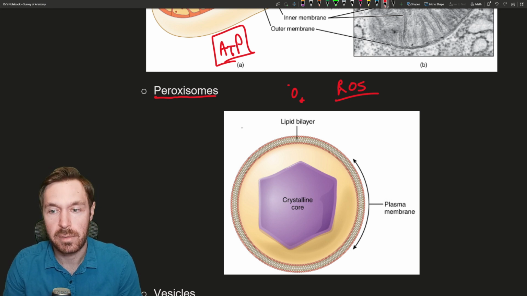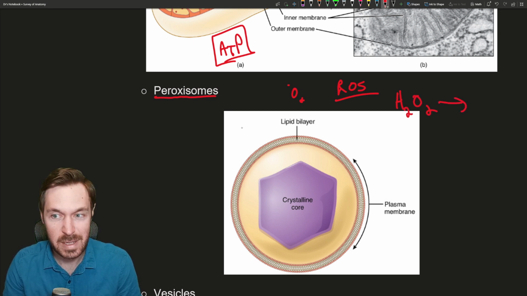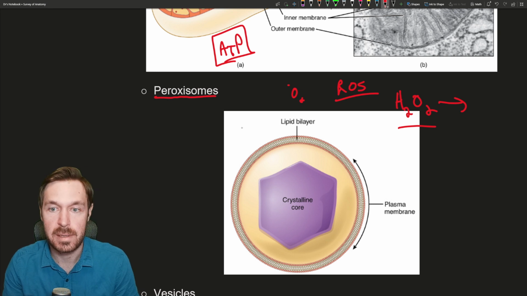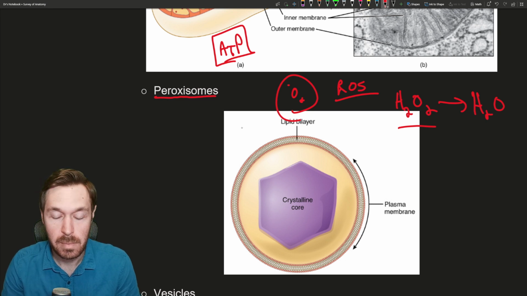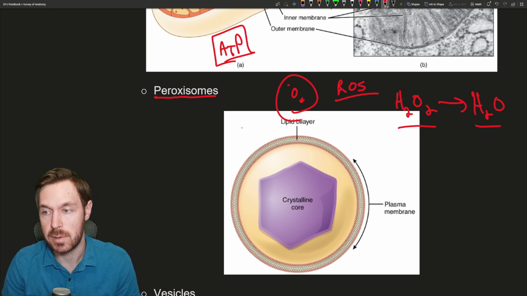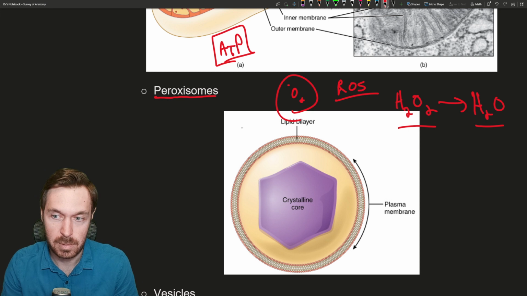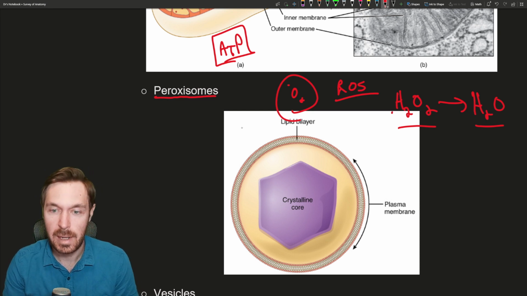It takes those free radicals and converts them to hydrogen peroxide, H2O2, which is still not a great thing, but not as dangerous as free radicals, and then eventually converts it to water via enzymes. Water, of course, isn't harmful in the correct amounts, but that's where they get their name.